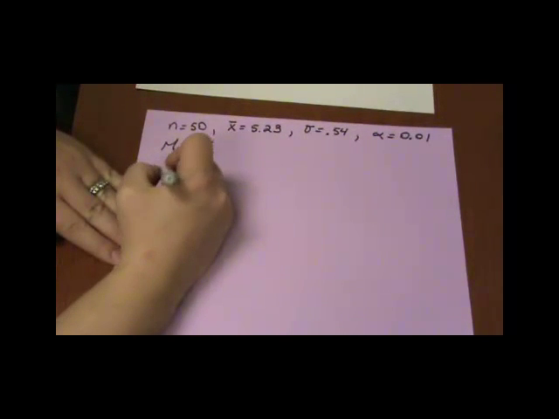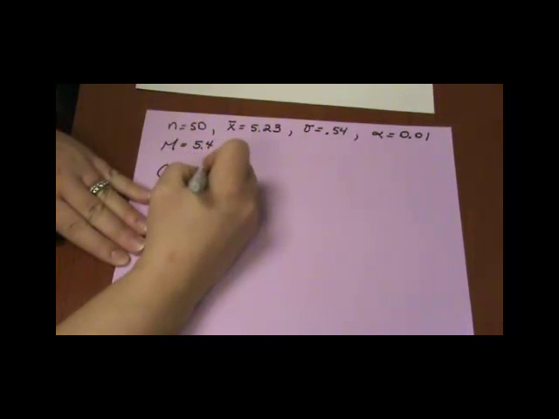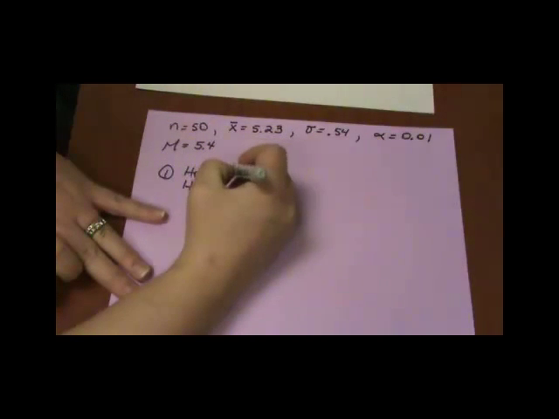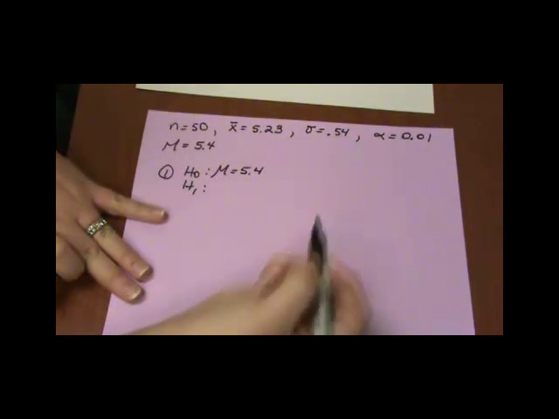All right, so the first thing I'm going to do is set up my null and my alternative. Now, when you're doing this, there are 3 different ways that you can set up your hypothesis. You need to go back and look at your notes to review that. But H0 is always equals. Always equals. That will never change. So it's going to be mu equals 5.4.